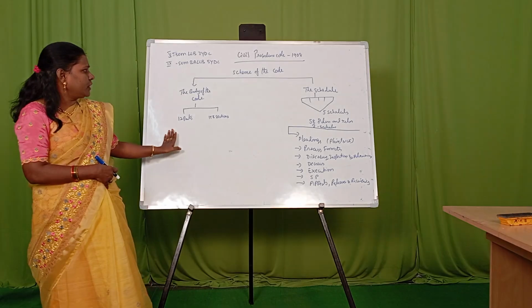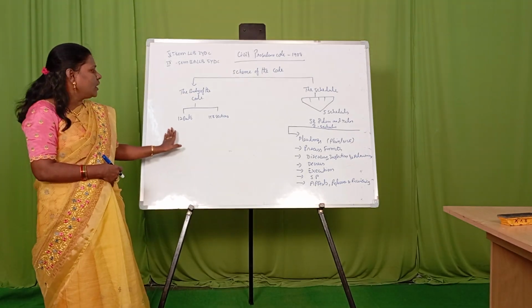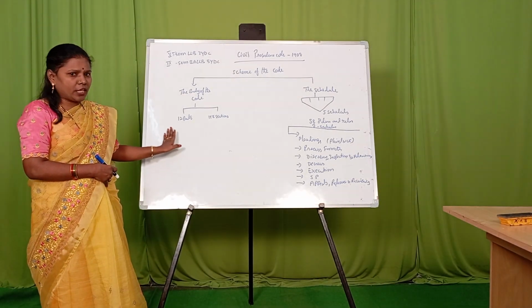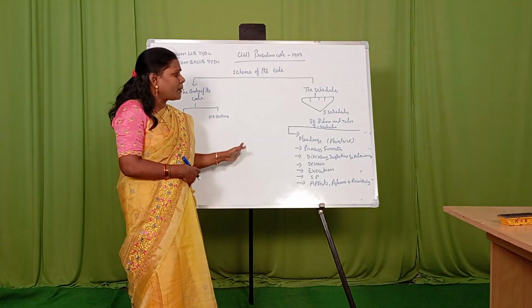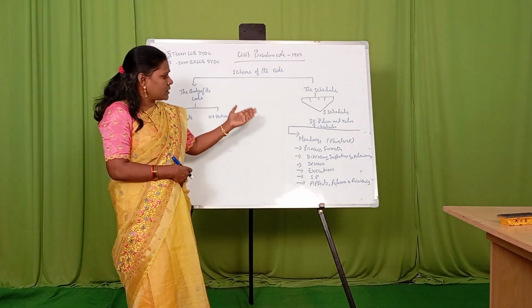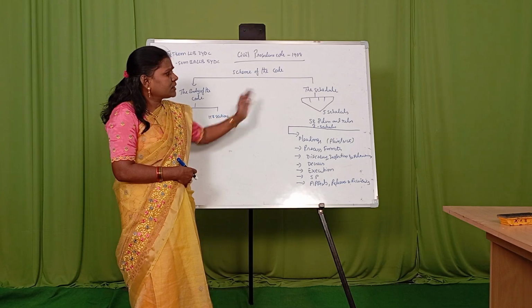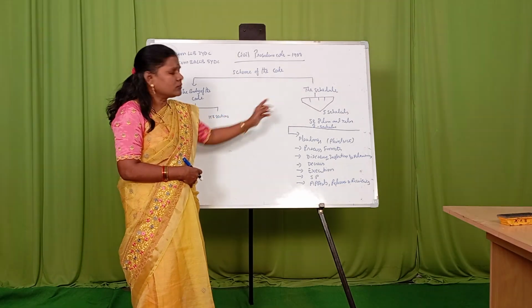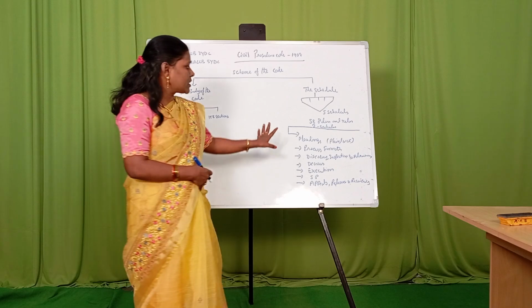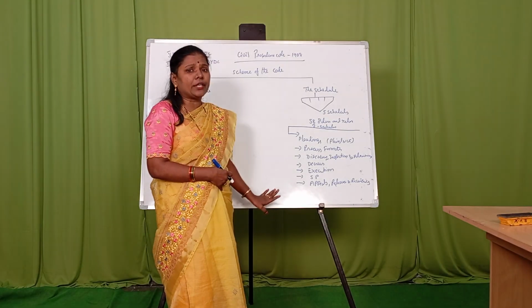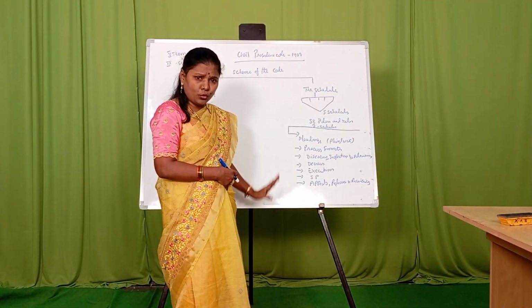The body of the code consists of 158 sections and 12 parts. There were 5 schedules, but in a certain period the schedules were repealed, and only one schedule is active at present. Under schedule 1 there are 58 orders and rules.